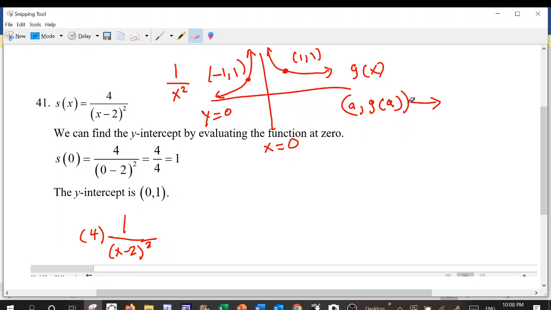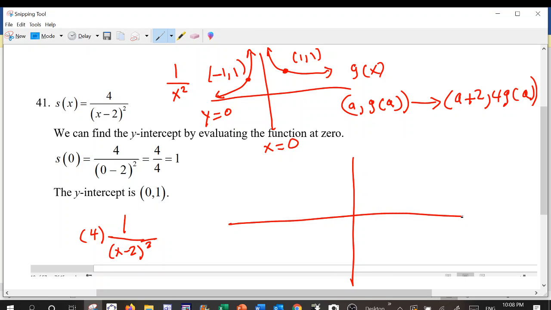So add 2 to x, and then multiply y by 4. 4 times g of a. So if you want to graph this, we say, okay, what happens to y equals 0? We have to multiply it by 4. 4 times 0 is still 0. So that means the horizontal asymptote doesn't go anywhere, right?